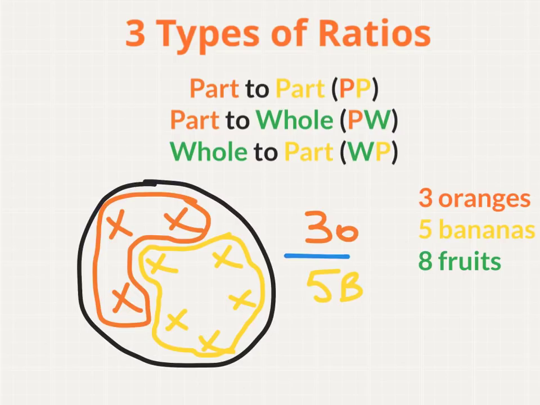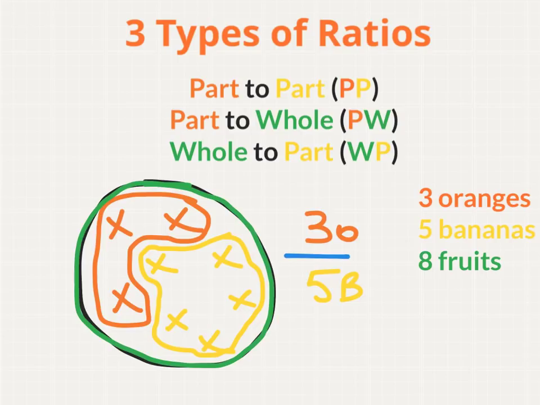That's part to part. Now, of course, in the whole bowl, the entire bowl has how many pieces of fruit? Well, the 3 oranges and the 5 bananas. So the whole would be 8 pieces of fruit.